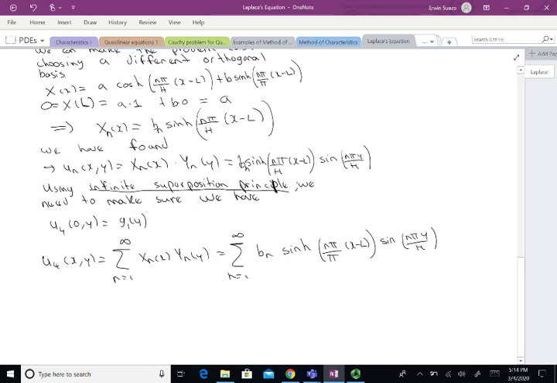So when you plug in at 0, you get the sum from n equals 1 to infinity of b_n sine hyperbolic n pi (minus L) over h.